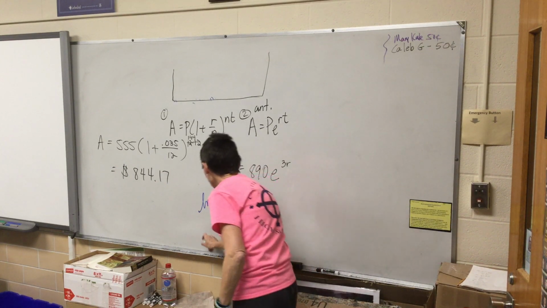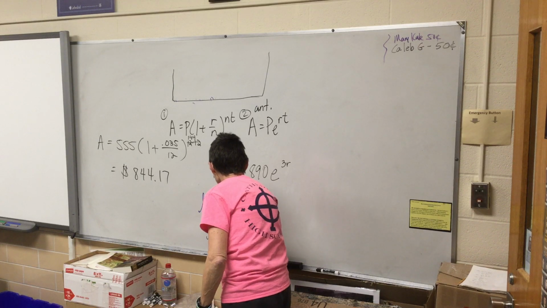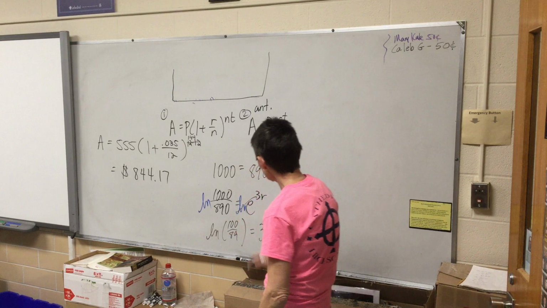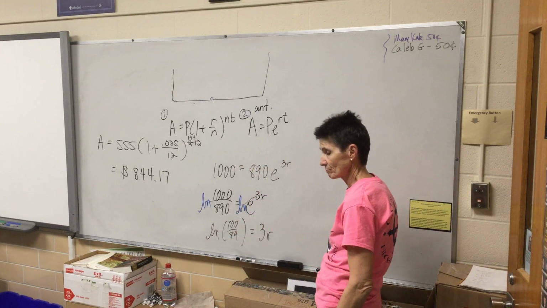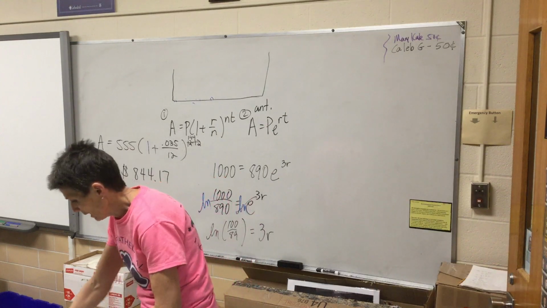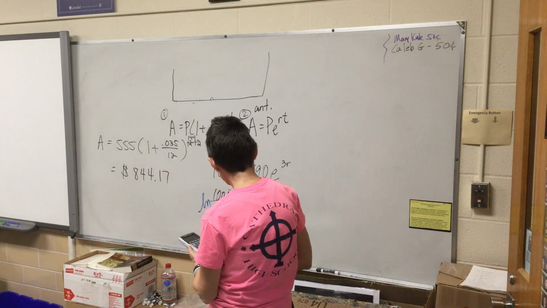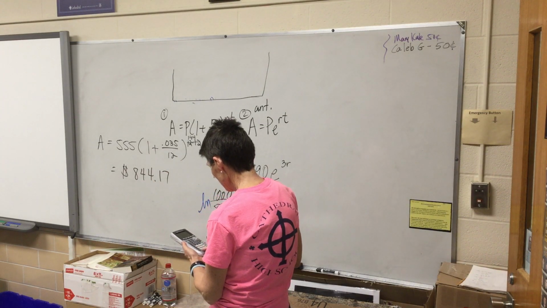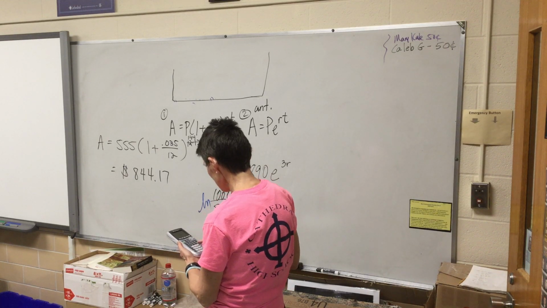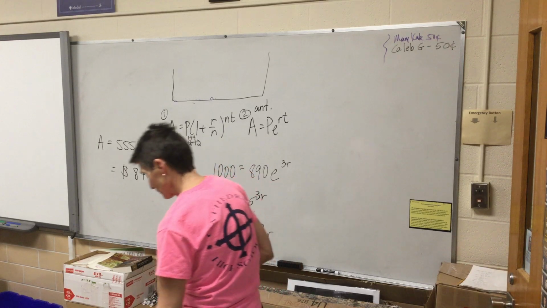So ln of that fraction equals 3r. So all I need to do is ln my fraction, close the parentheses, divided by 3.